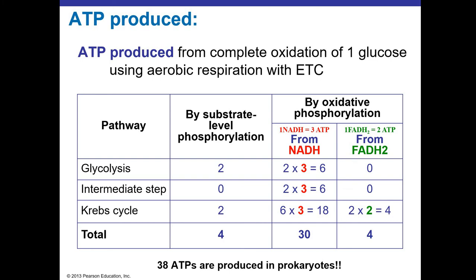So in the Krebs cycle, as we went from succinic acid to fumaric acid, we generated 2 FADH2, but the exchange rate is only going to be 2 because 1 FADH2 equals 2 ATP, so we multiply that 2 FADH2 by our 2 exchange rate, and that gives us 4 ATP. So in that way, we see we have a total of 38 ATPs produced in prokaryotes.